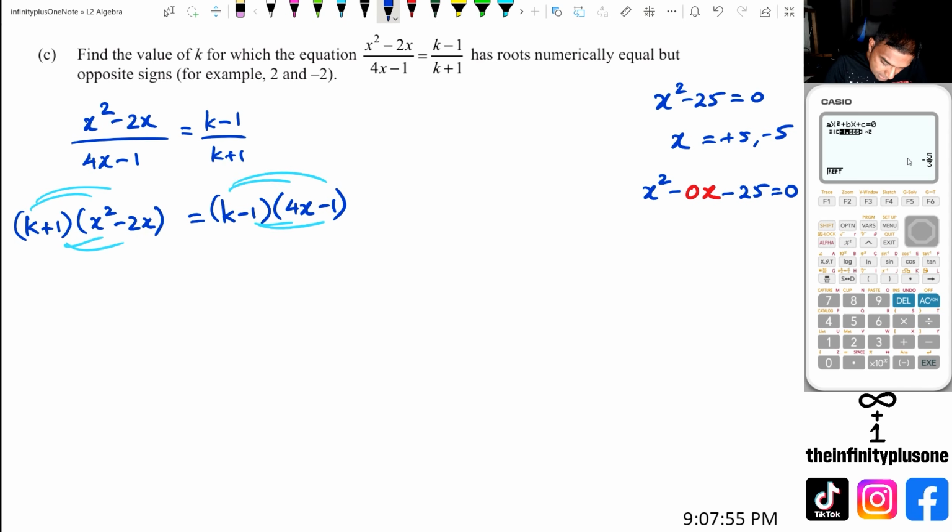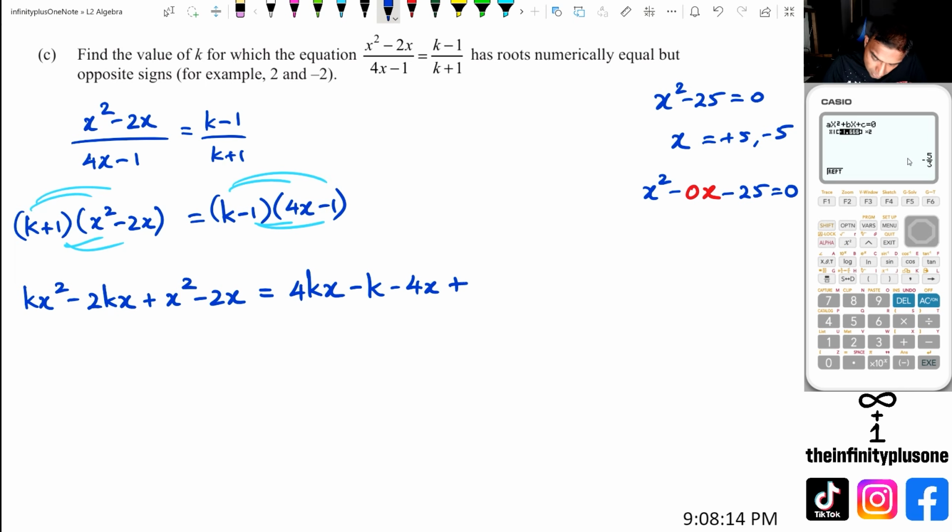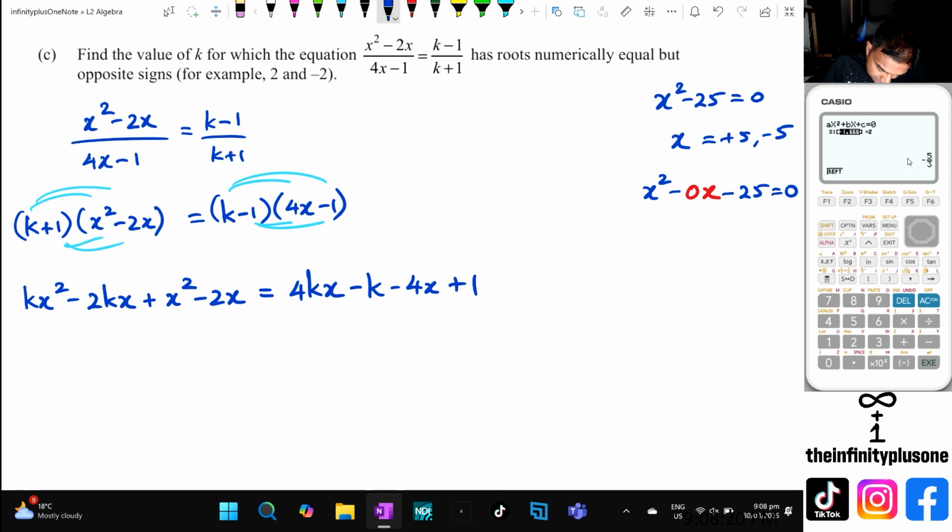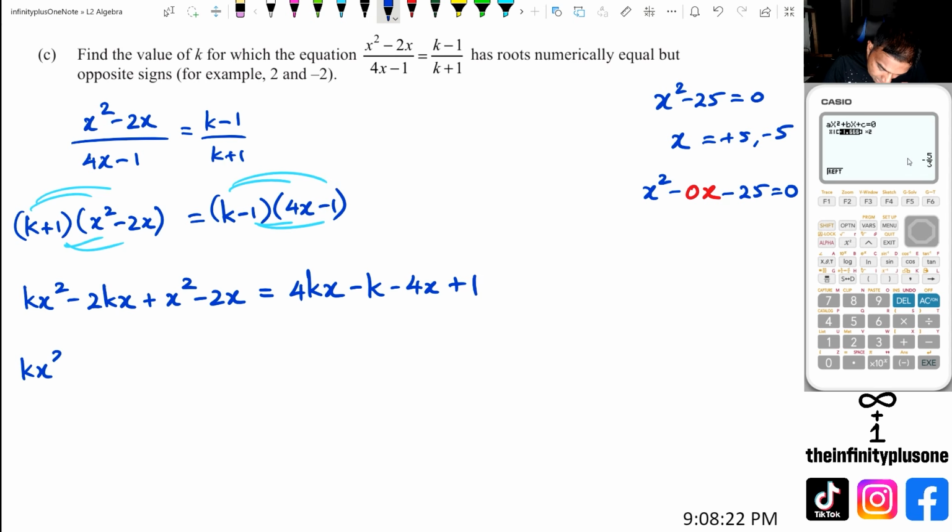So I've got k times x squared, which is kx squared, then minus 2kx plus x squared minus 2x equals 4kx minus k minus 4x plus 1. So now I've got to bring all of these terms together. So I'm going to have kx squared plus x squared.